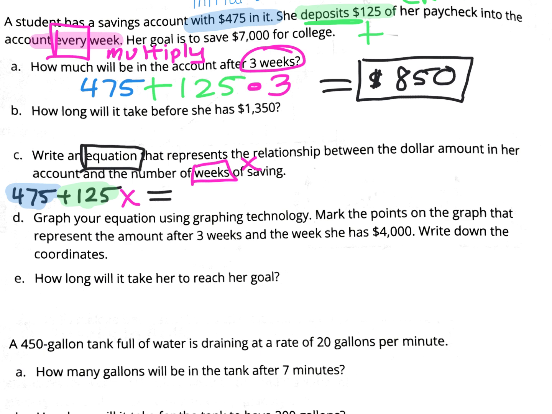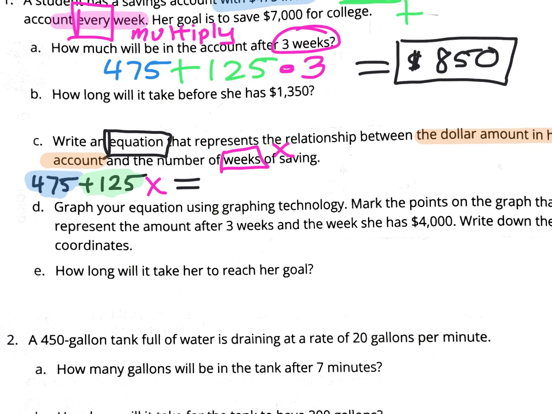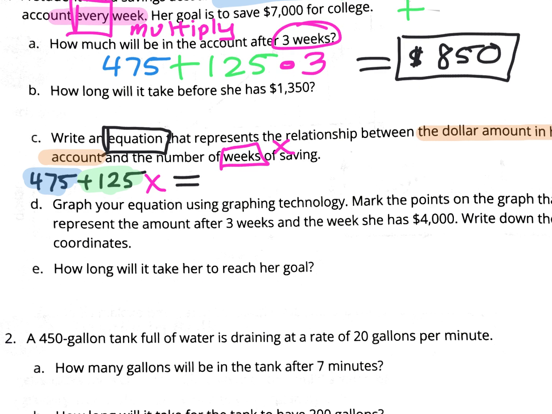And then we do have another amount in here that we need to take care of. That is the dollar amount in her account. So we don't know how much that is either. Since we don't know how many weeks she's been saving, we also don't know how many dollars she has in her account. So we are going to use another variable to represent that. So that is going to be equal to y.